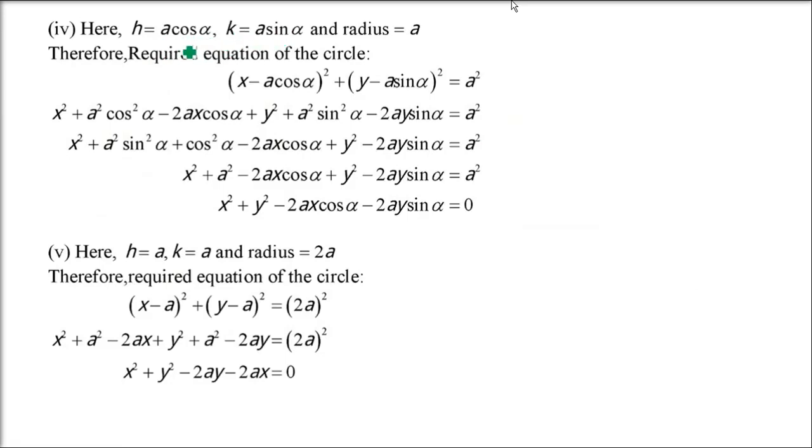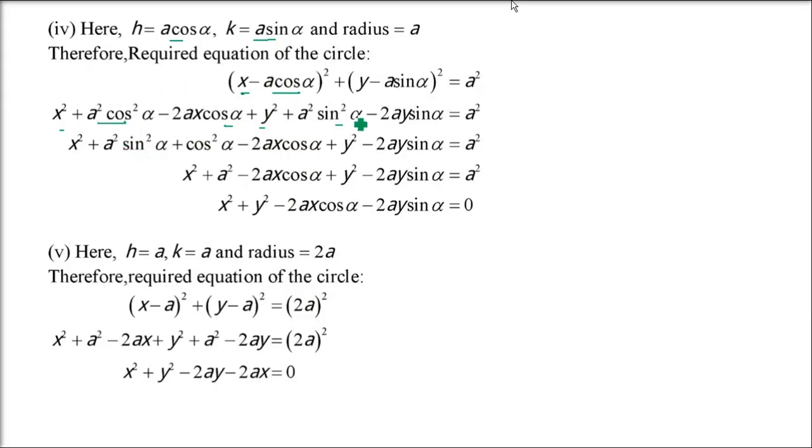Here the center is (a cos alpha, a sin alpha), that is h and k, and the radius is a. So (x minus h) whole square plus (y minus k) whole square equals a square. Just open this: x square plus a square cos square alpha minus 2ax cos alpha is the first one. Then y square plus a square sin square alpha minus 2ay sin alpha, and this equals a square. Now a square cos square alpha and a square sin square alpha we can combine together.